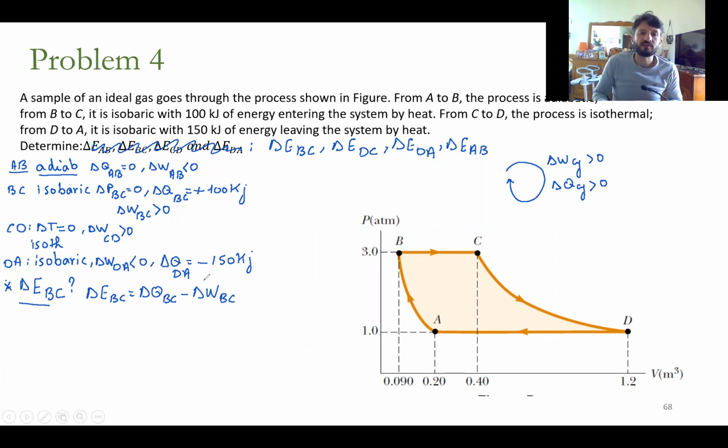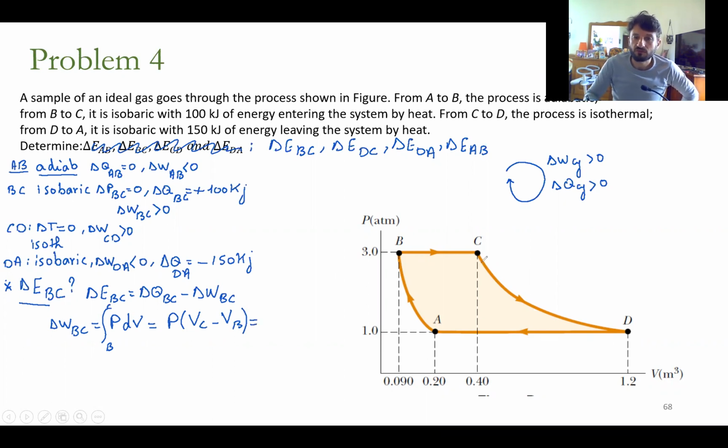I have to find the work. So we have to find dW BC, which equals the integral of P dV between B and C. P is constant, so P times V final minus V initial, VC minus VB.